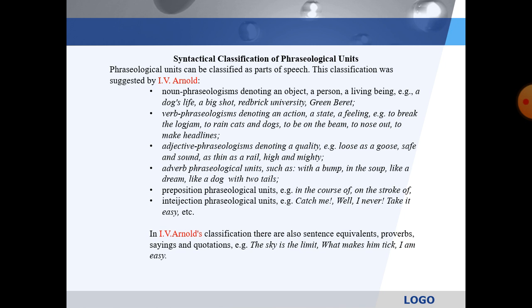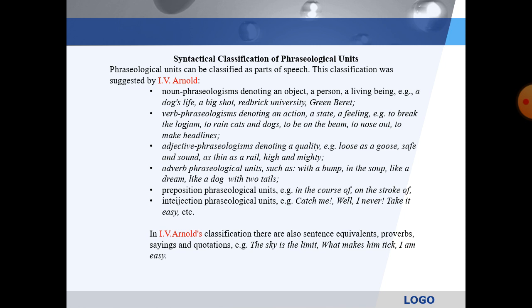D. Adverb phraseological units such as with a bump, in the soup, like a dream, like a dog with two tails. And E. Preposition phraseological units, for example, in the course of, on the stroke of.